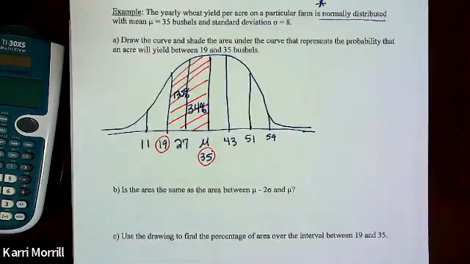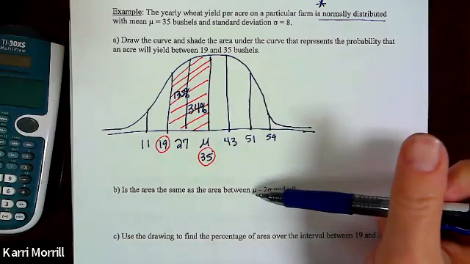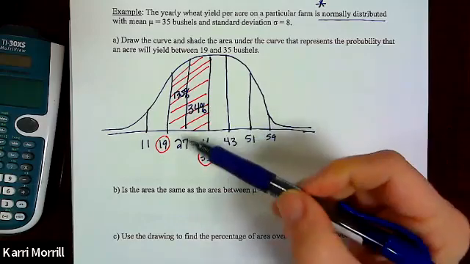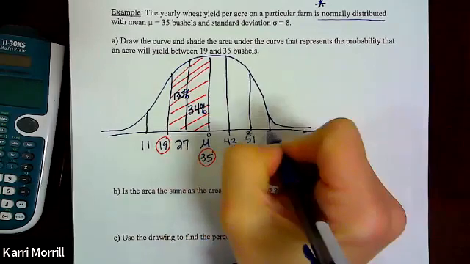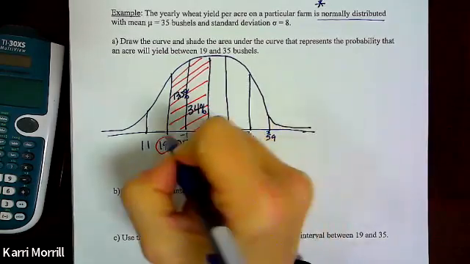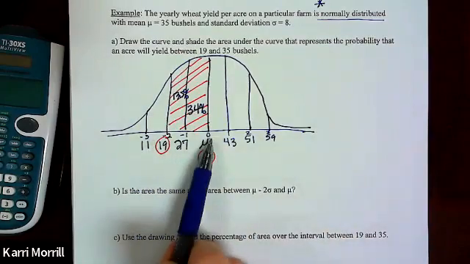Part B says, is the area the same as the area between your mean minus 2 standard deviations? So remember, this kind of helps if you do it like this too, so you can see the different standard deviations.